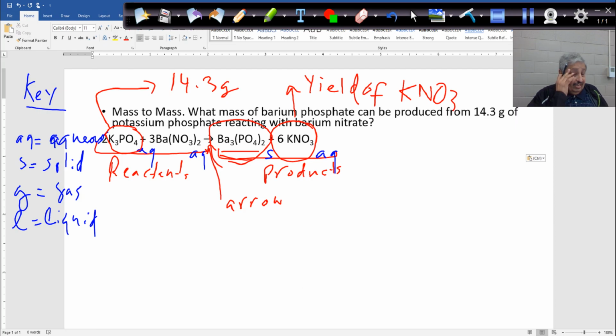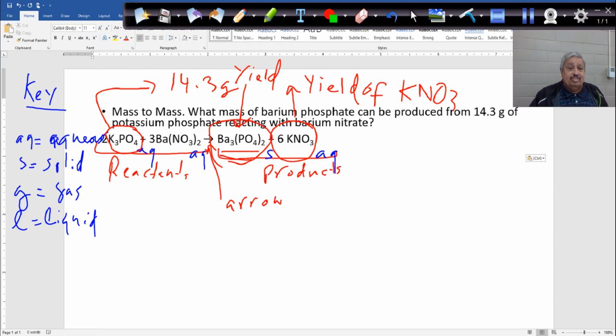In matter of fact, in the real lab, you will determine the yield of this. But it's up to us. Do you like the yield of this or the other one? We can determine the yield of the two products separately. Which one do you like, the barium phosphate or potassium nitrate? It does not matter.